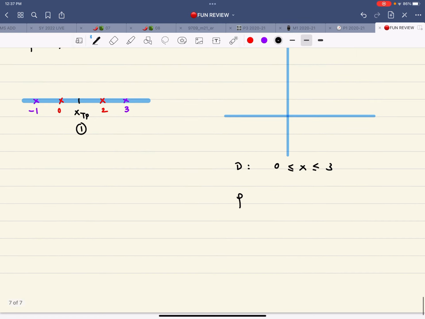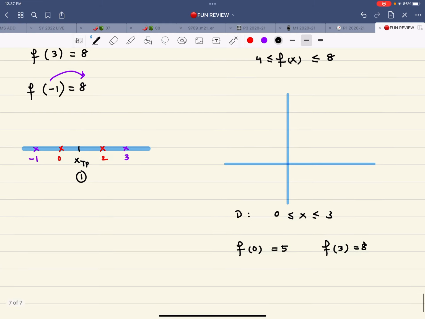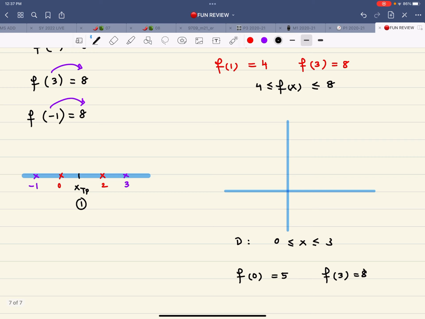Now first thing, when you have 0, you have 5, so this is one point. When you have 3, you have 8. This is the other point.